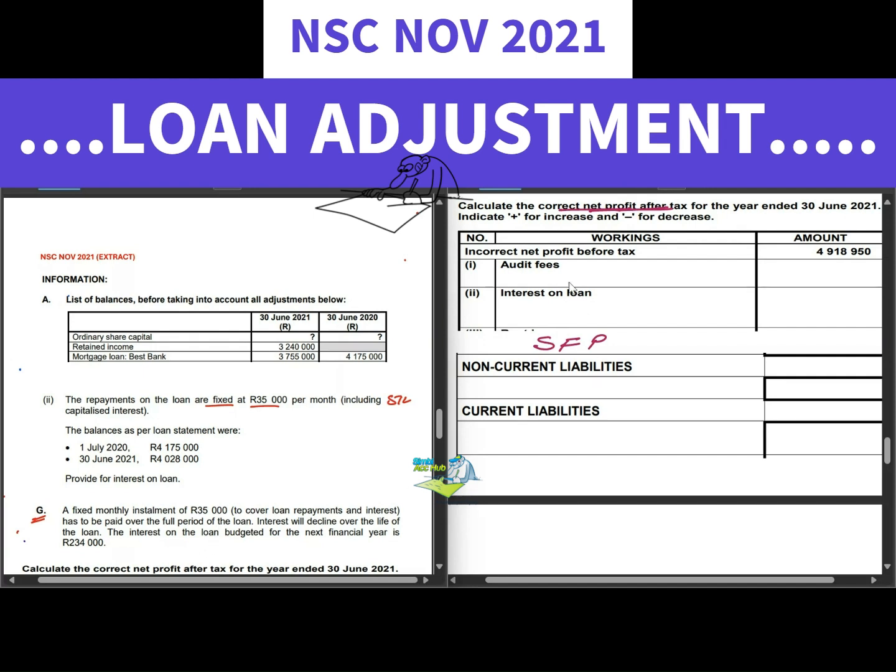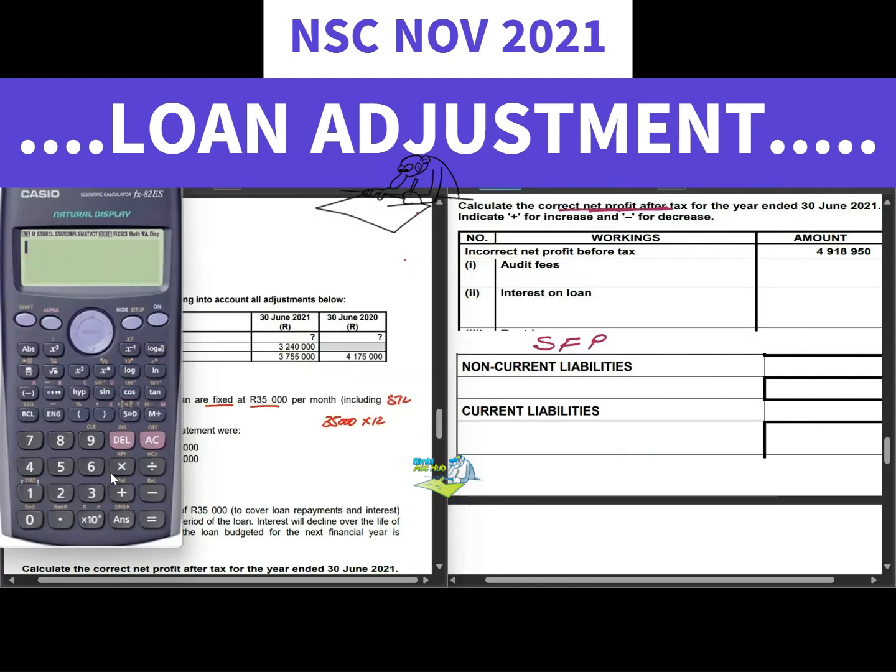The first thing is we need the interest on loan, which will be shown in the correct net profit after tax calculation. If we are paying 35,000 per month, and we have a year, we multiply the 35,000 by 12.